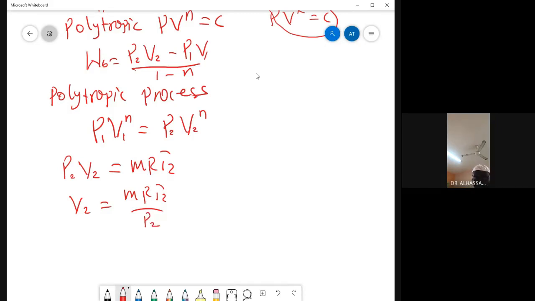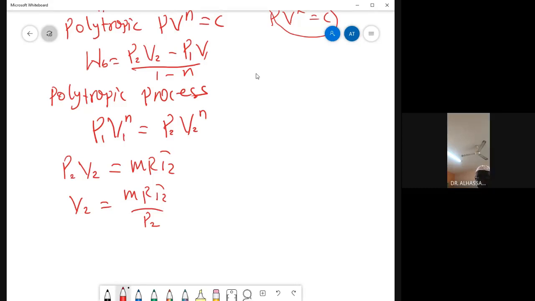But the mass is also not known. So if the mass is not known, then V2 cannot be calculated. So we need to go back again to find the mass.